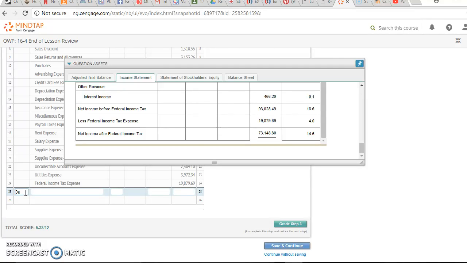Okay, so December 31st, we're going to debit income summary and credit retained earnings.